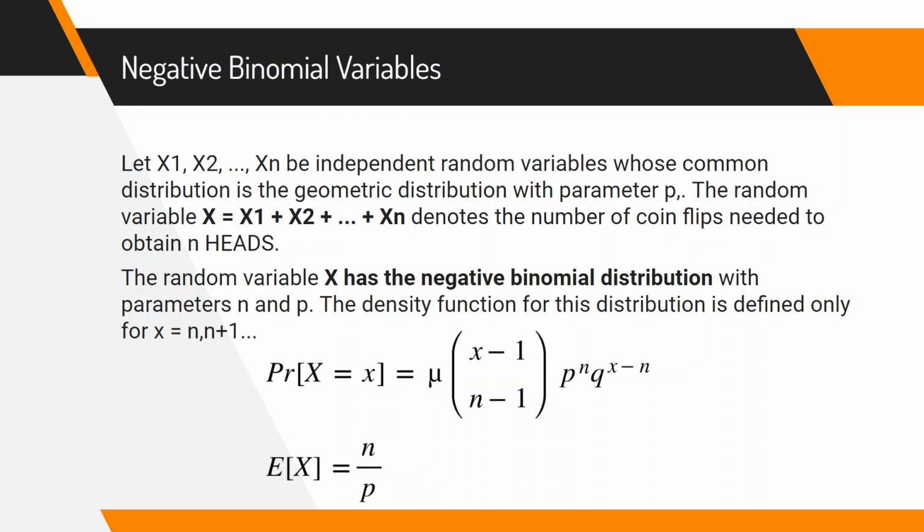We want to find out the probability when we have n heads. As you can see, the random variable X has the negative binomial distribution with parameters n and p, and here are the given probability function and expected value. The expected value of the same is n/p.